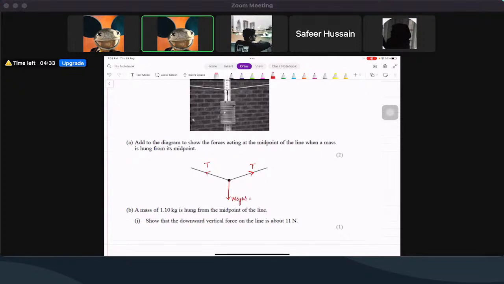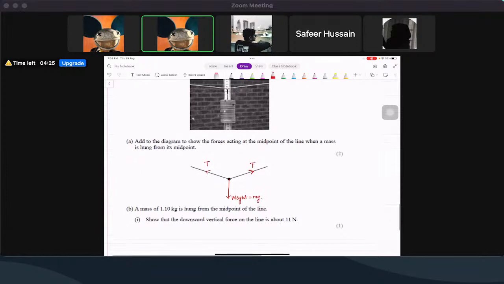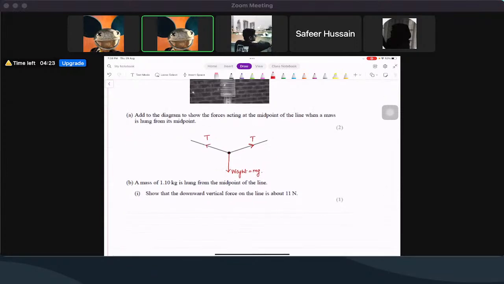Alright, and basically weight is equal to mg, and they have said, okay, we want to find the mass. The mass is given and you want to show that the vertical force is this. This is basically the O-level question. You can just use mass times gravity.